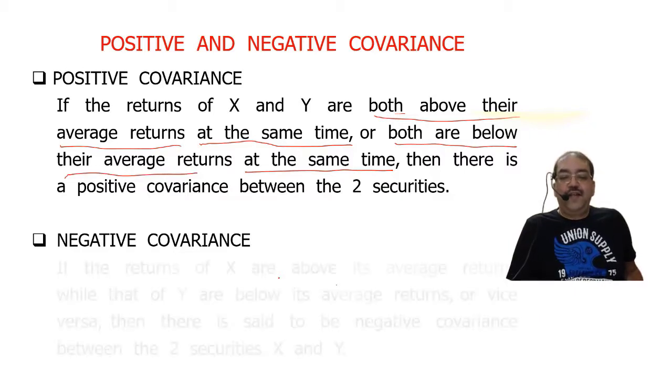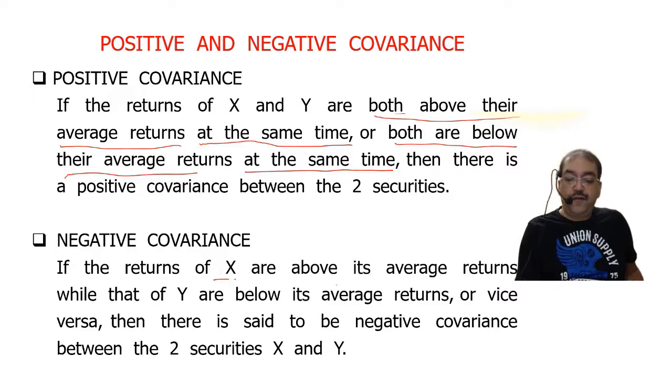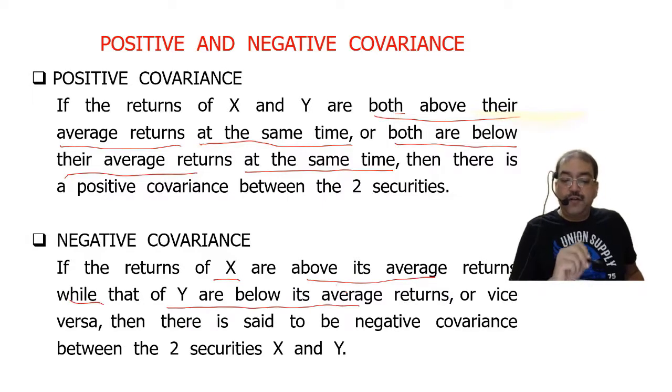Negative covariance. If the returns of x are above its average returns, while that of y are below its average returns. So one is above, one is below, or vice versa. Then there is said to be negative covariance between the two securities x and y.